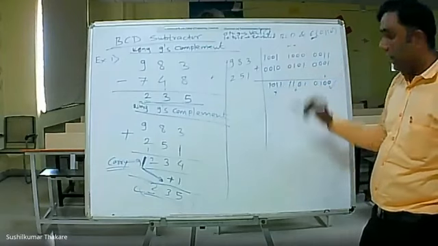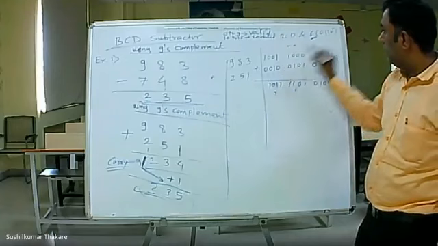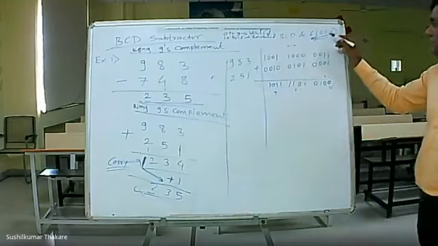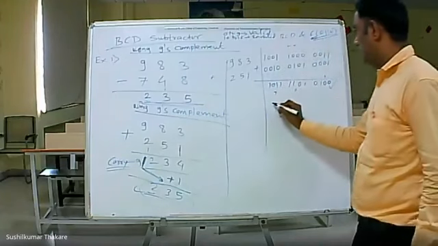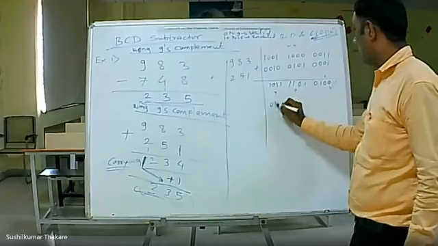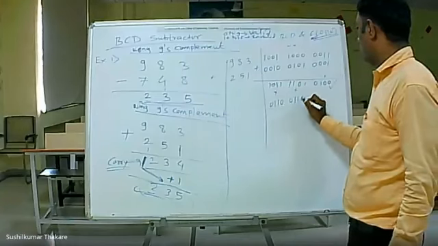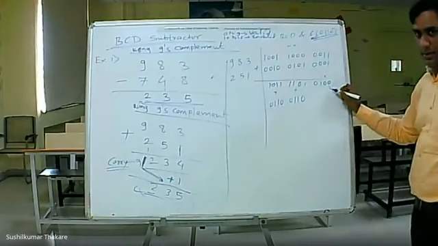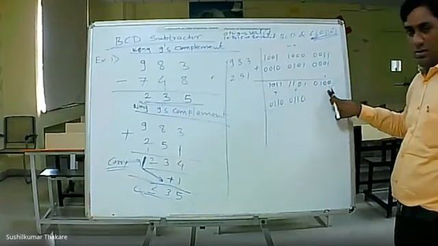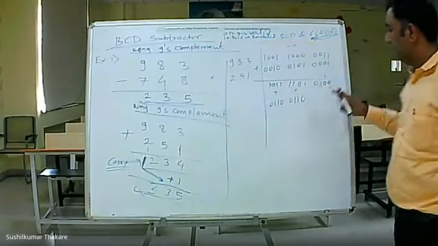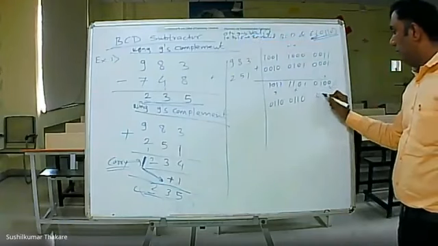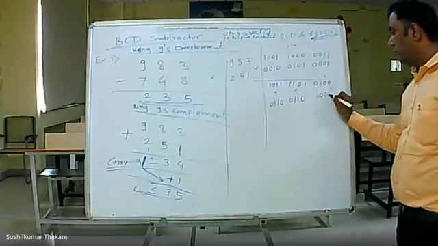So add 6, what is 6? 0110. Again add 0110. The last one is valid because its number is from 0 to 9, so no need to add 6. Just write 0000.